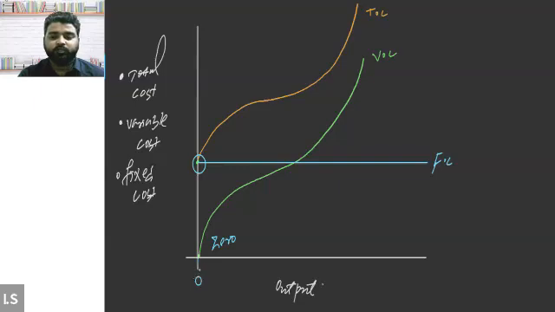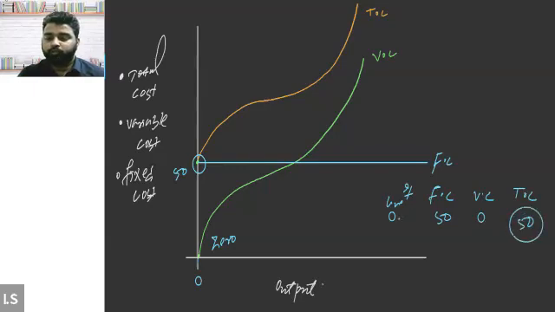But at 0 unit of output, let's suppose fixed cost will be 50, right? Now, at 0 unit, if fixed cost is 50 and variable cost is 0, can you tell me what will be the value of the total cost? It will be 50, right?